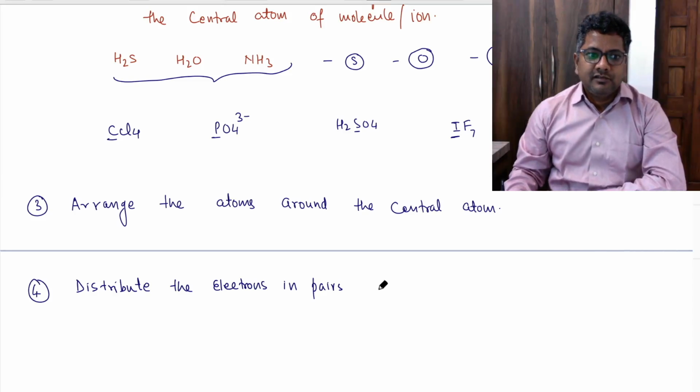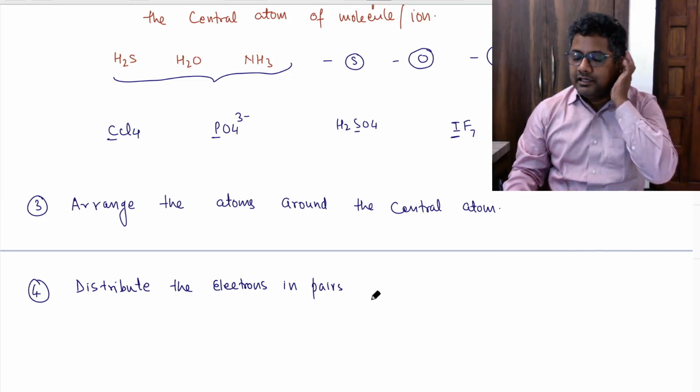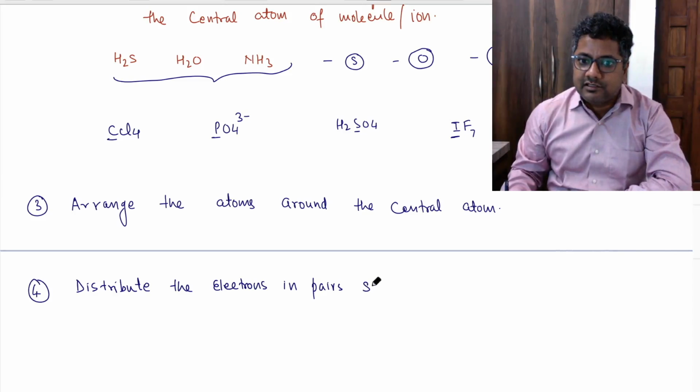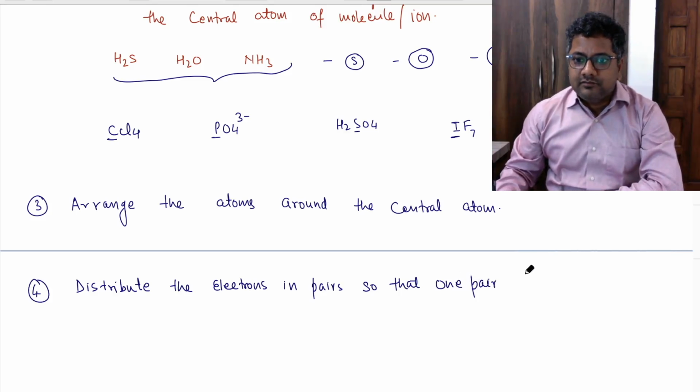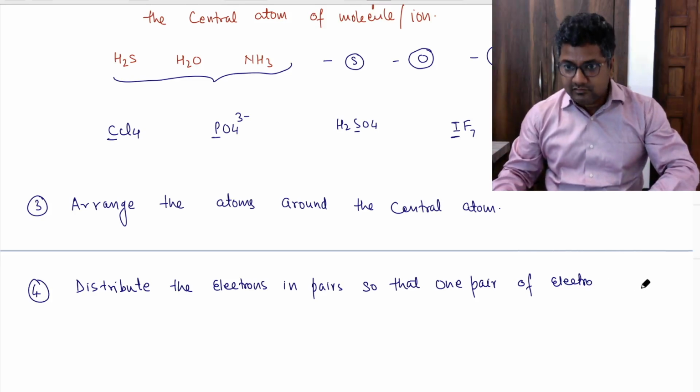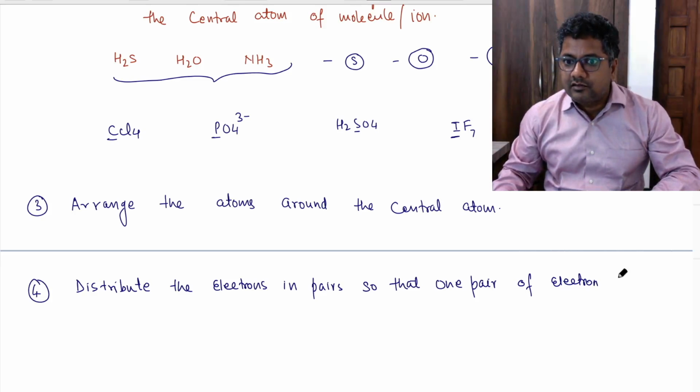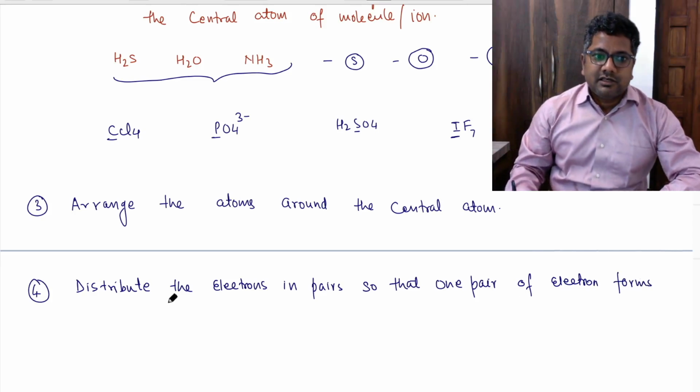So that is one pair, so one pair of electrons forms a single bond.